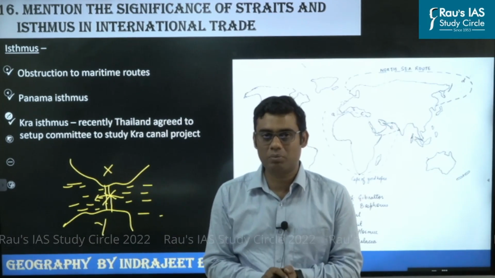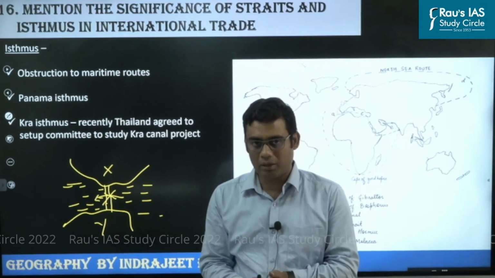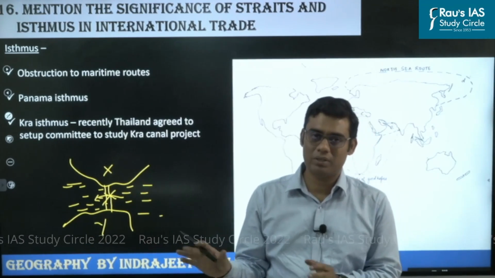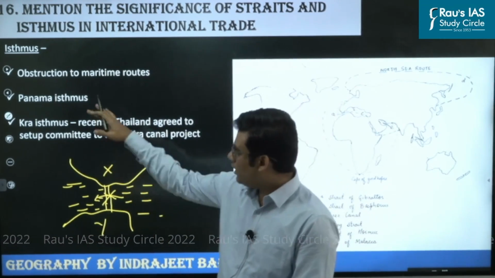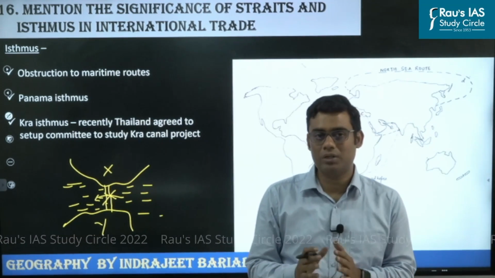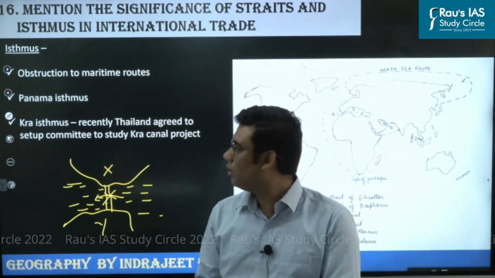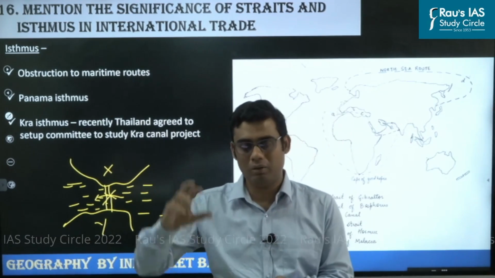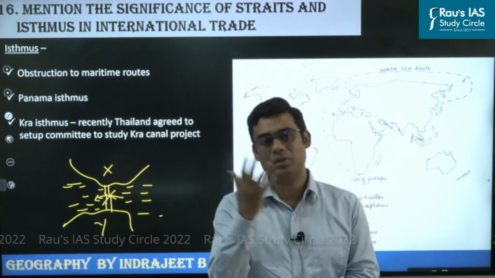Panama Isthmus connects North America with South America, which means it separates the Gulf of Mexico on one side and the Pacific Ocean on the other side. They have constructed the Panama Canal cutting across the Panama Isthmus, and the Panama Canal now provides very good connectivity between, let's say, the eastern seaboard of USA and the western coast of USA.